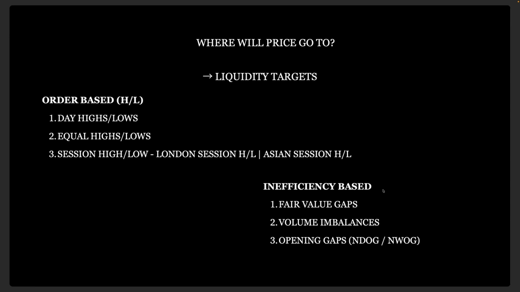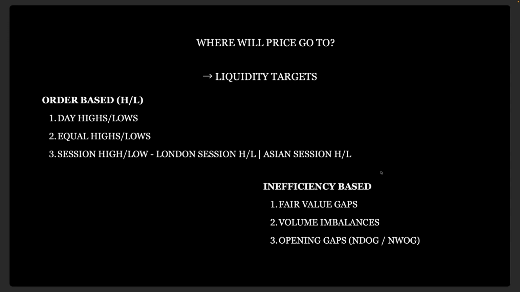And inefficiency-based liquidity, that means PD array based liquidity. What is PD array? PD array means price delivery array. Price forms that and then uses that as a reference point for further movement, right? So for fair value gaps, it comes back, touches the fair value gap, and then moves on.